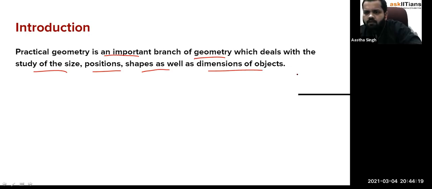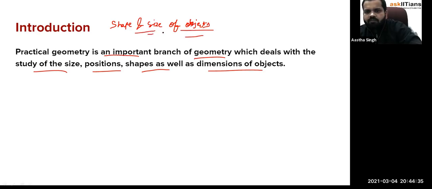The shape and size of objects is generally studied in the geometry way. So we were discussing the perpendicular bisector.